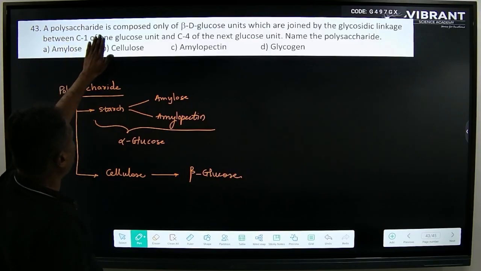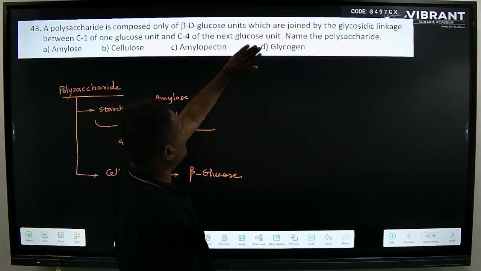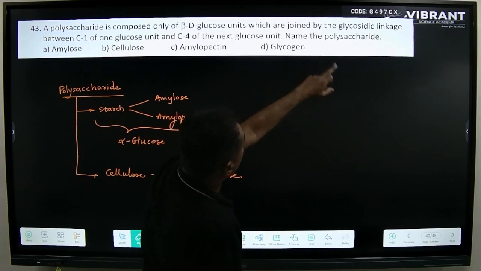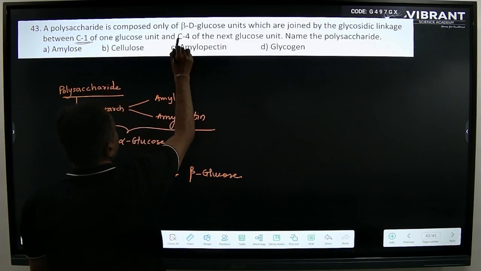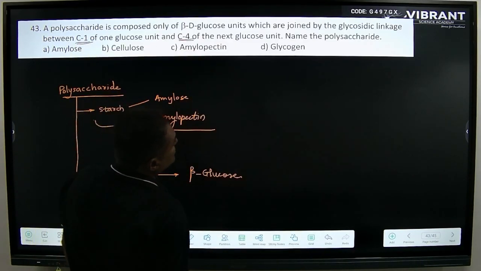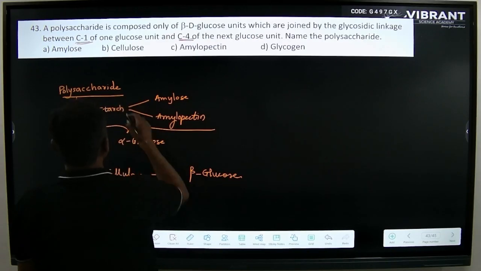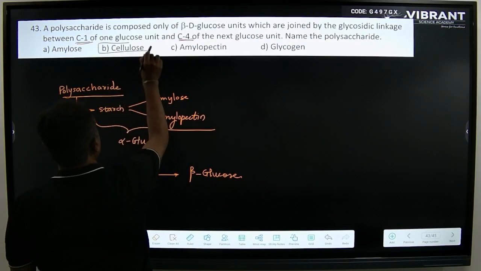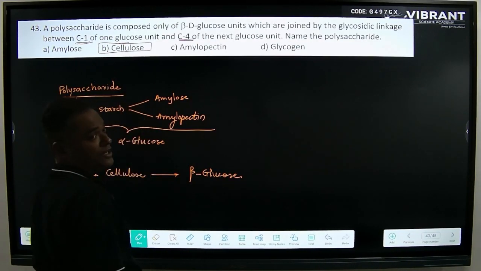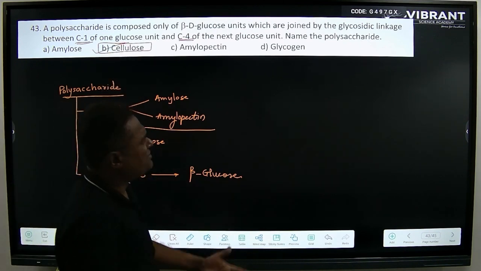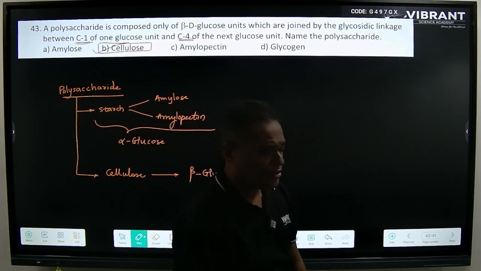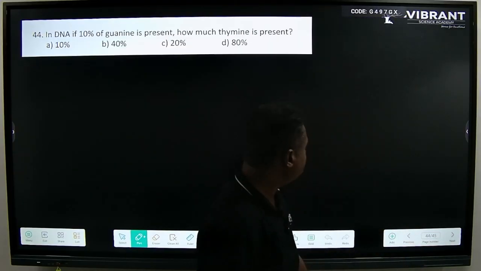A polysaccharide composed only of beta D glucose units joined by glycosidic linkage between C1 and C4 with the next glucose unit. Name the polysaccharide. The most common polysaccharide in that case is cellulose. So, the correct answer for this is option B, and it's factual data, child, you have studied it also. Let us see the next question.